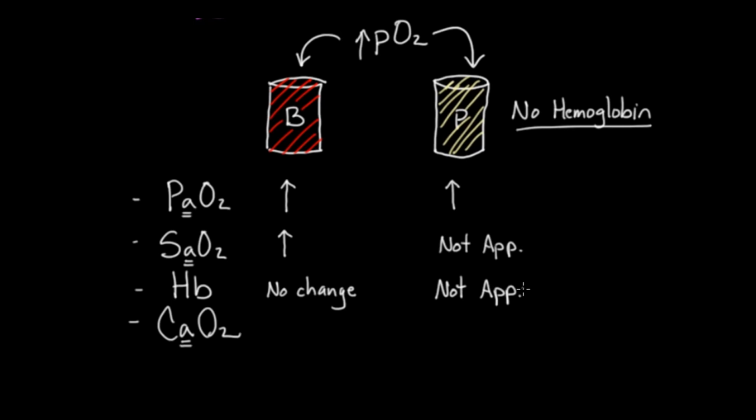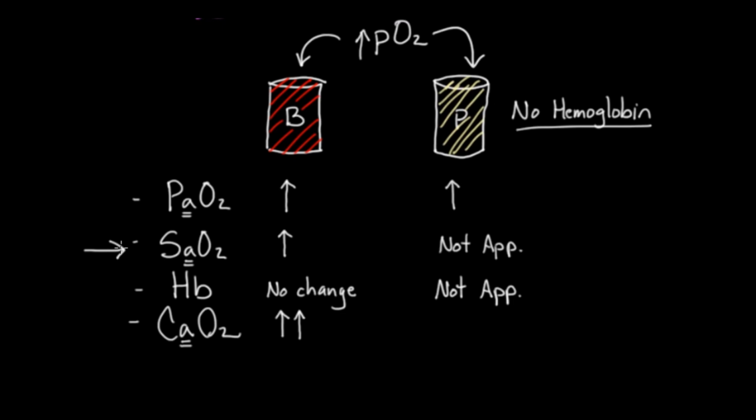So in terms of the total oxygen content, or the CaO2, would I expect it to go up in the blood? Definitely, right? It's definitely going to go up because the dissolved part of the equation goes up. But even the hemoglobin-bound oxygen part of the equation goes up because we said the SaO2 went up. That's an interesting point, right?